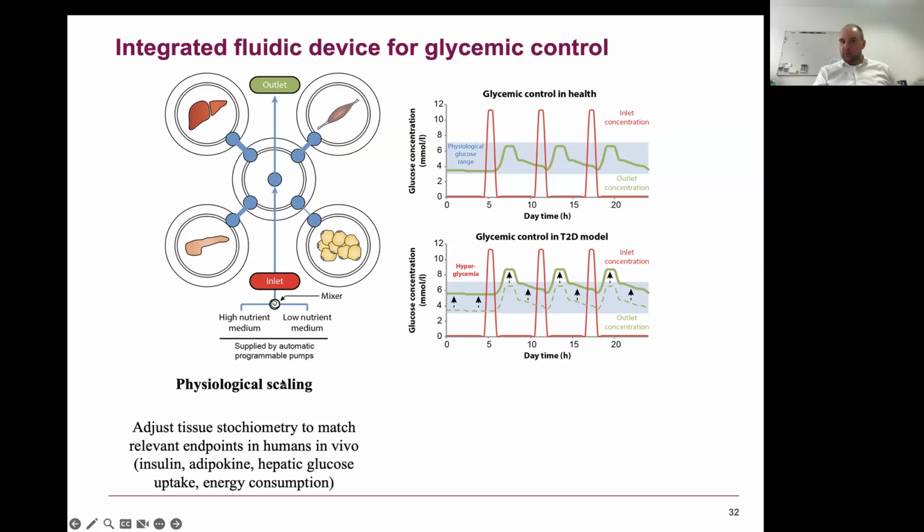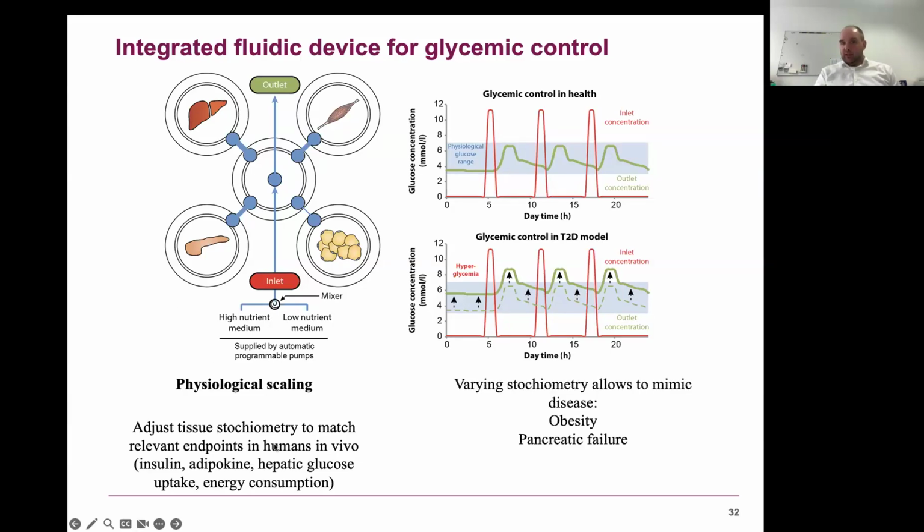And in order to achieve this, we use a system called physiological scaling, which means that we are adding the right amount of each one of those tissue models to recapitulate the human function in vivo. So for instance, adding the right amount of islets so that the circulating insulin levels are indeed the relevant postprandial insulin levels.